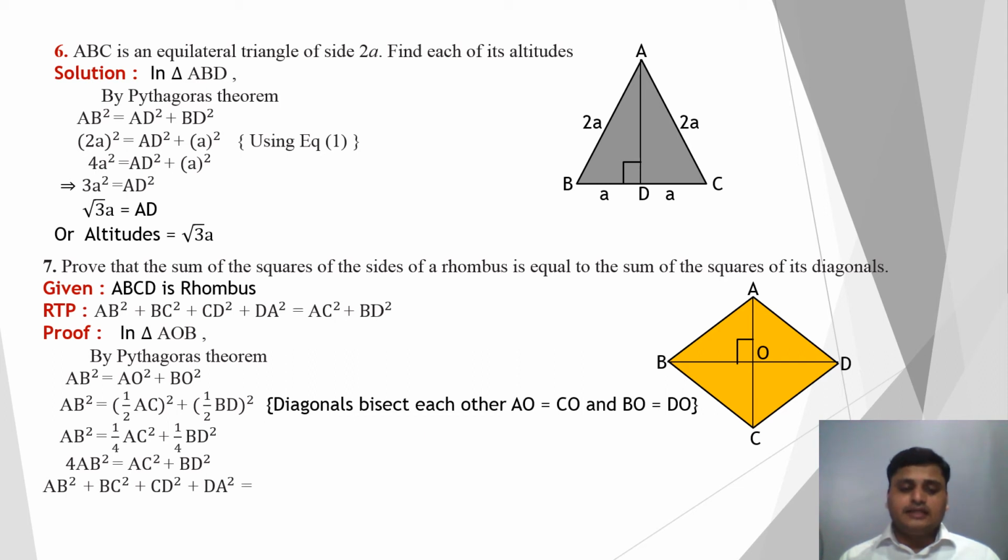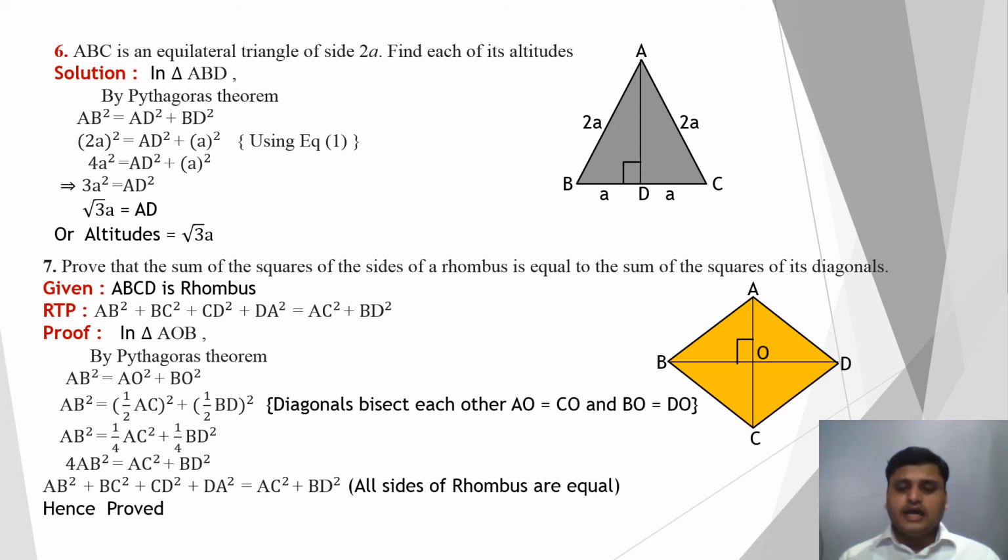So we can write 4AB square is equal to AB square plus BC square plus CD square plus DA square is equal to AC square plus BD square. And the reason we write it here is that all sides of a rhombus are equal. Okay, hence proved. So in this way we will prove this question. I hope till this point it is clear.